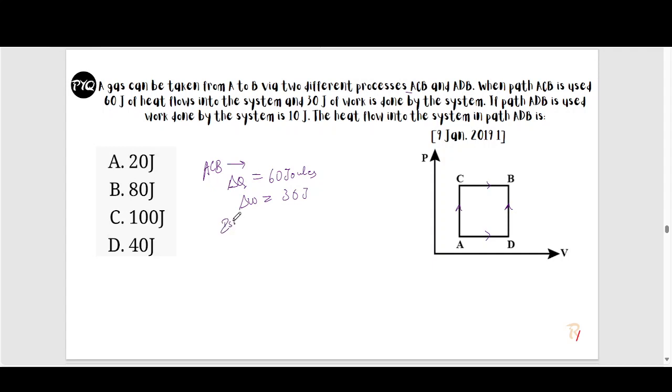From the first law we can clearly say that del U equals del Q minus del W. Del Q is 60 minus 30, which gives us 30 joules.